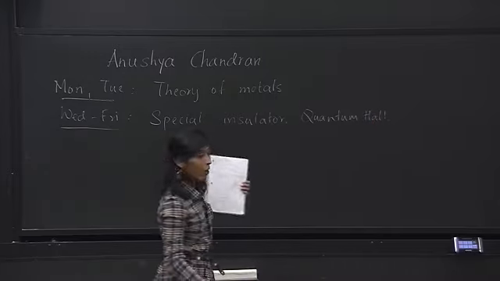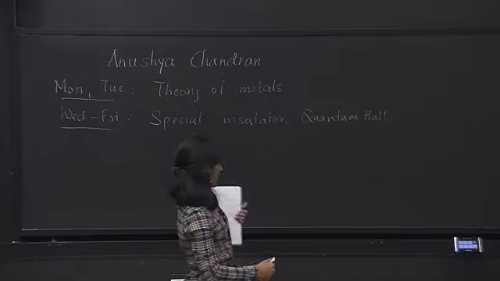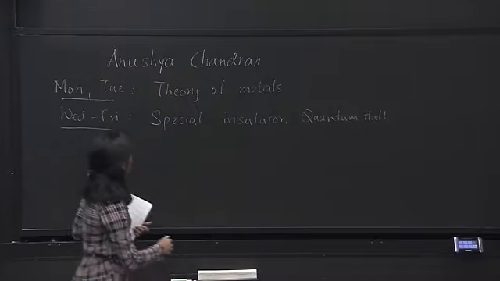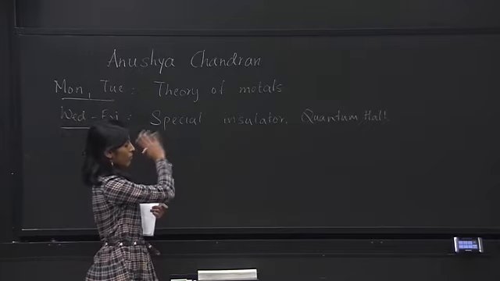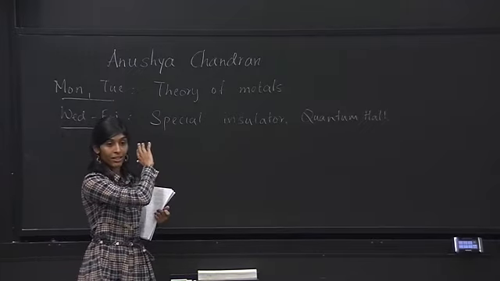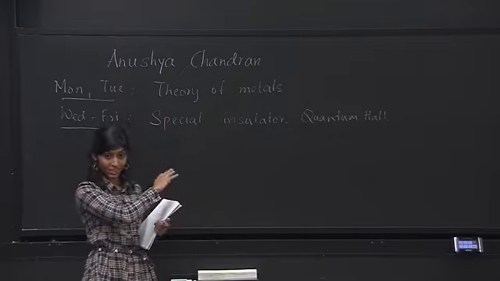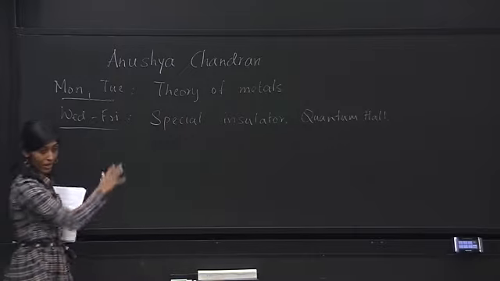It's known as the quantum Hall effect, or the quantum Hall insulators. On Wednesday and Friday, I hope to introduce it and talk about some interesting interaction effects, including fractional statistics. That's hopefully where we'll get to by Friday.